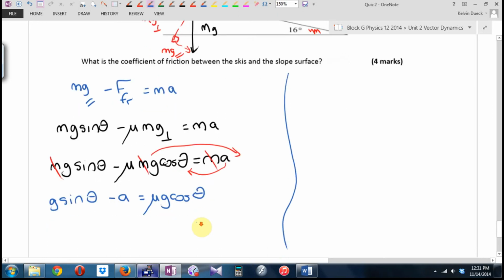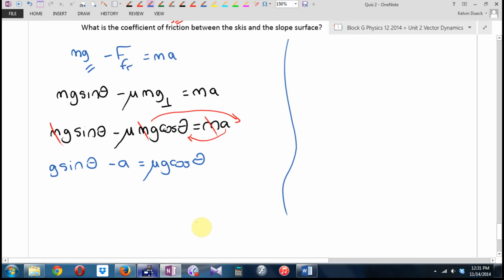How could I get the mu by itself? Divide what over? G sine? Is the mu right here? So I think I want to move this.